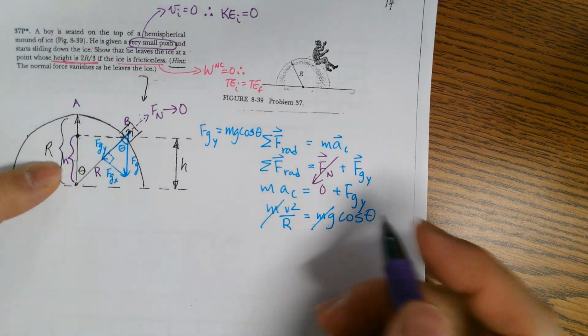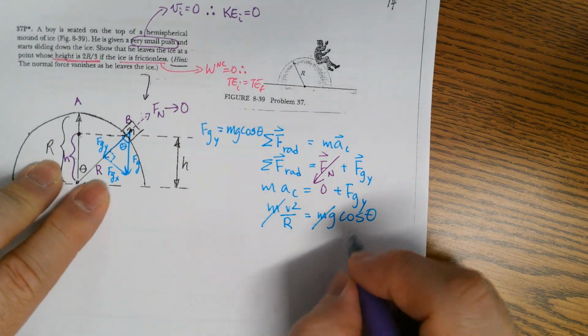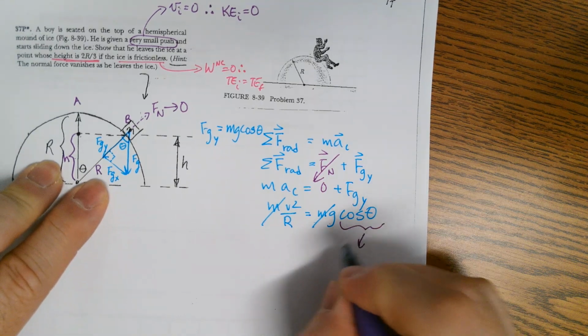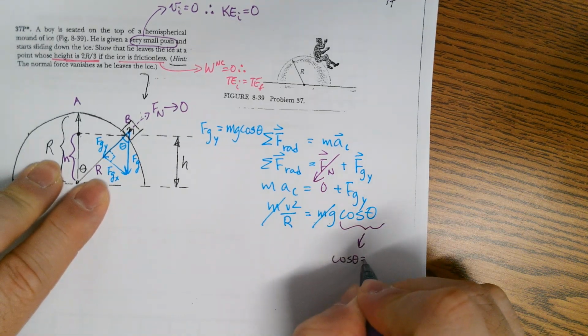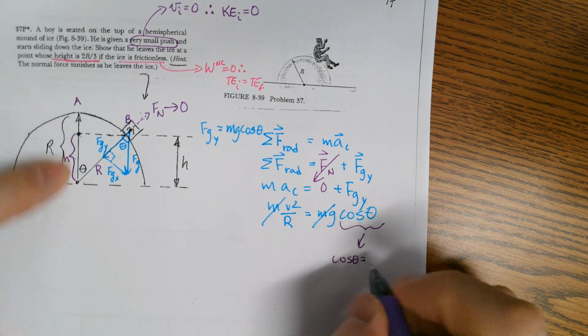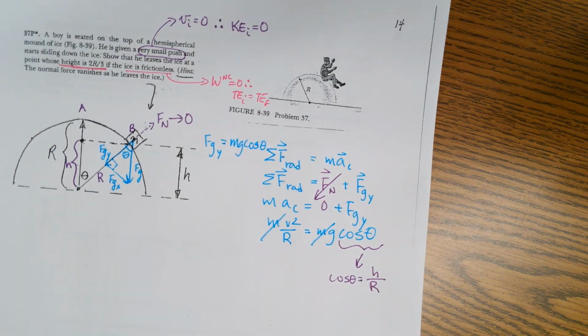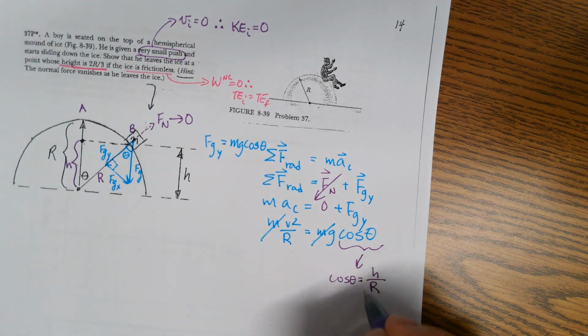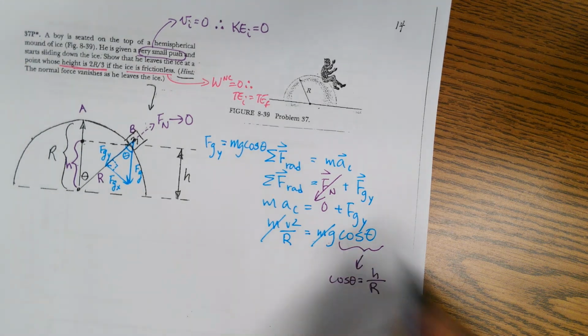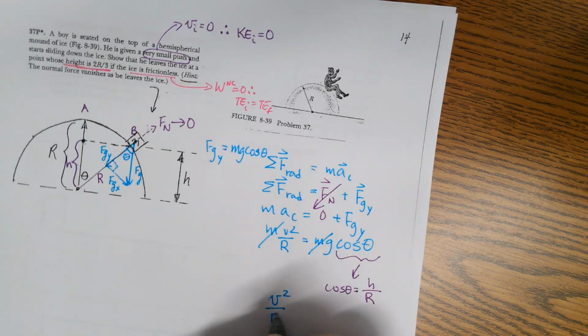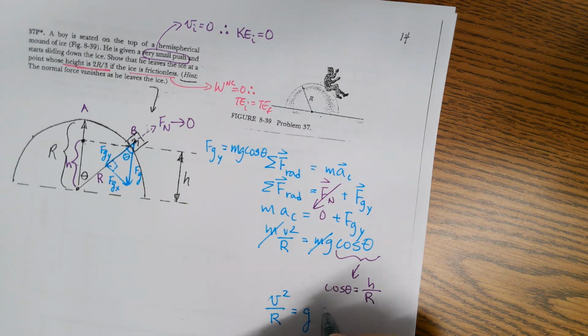So we can represent cosine theta as adjacent over hypotenuse, h over r. Substituting, v squared over r is equal to g times h over r.